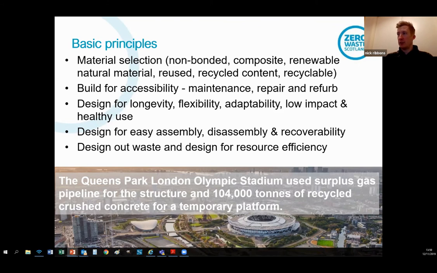And designing for ease of assembly, so that might include off-site construction and ensuring that at the end of the building's life, we can recover the materials. And designing out waste, as I said, we have a guide on that there.